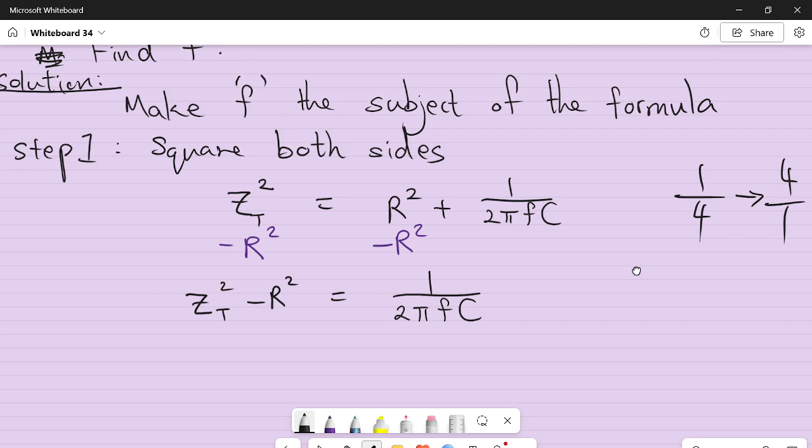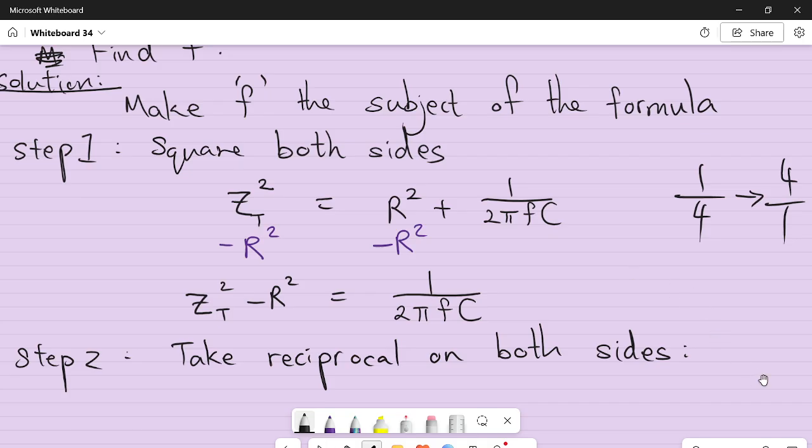So step 2: take reciprocal on both sides.